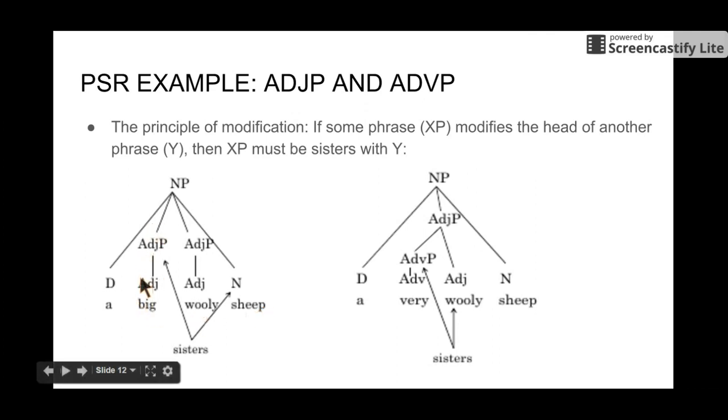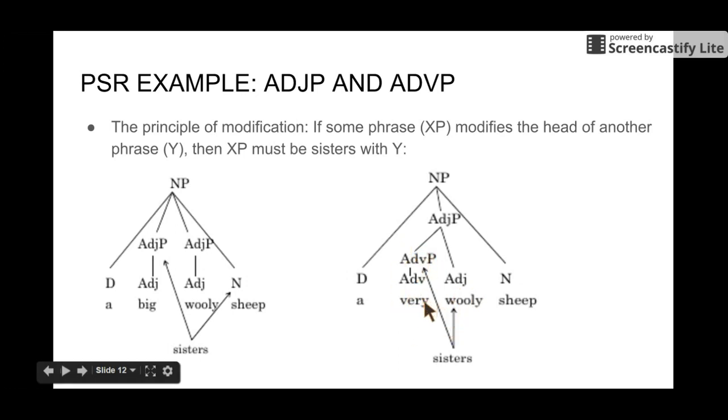So this phrase must be a sister with sheep. Make sense? Okay. On the other hand, what very modifies is woolly. So this modifier very must be a sister with woolly.